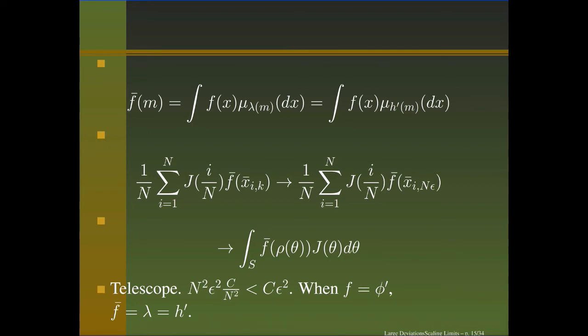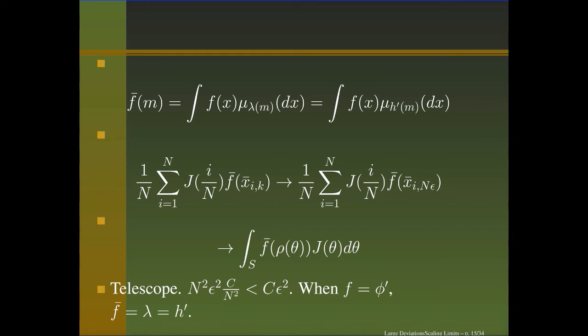So if you want to link a bond to a bond, or a site to a site, which is a distance n epsilon away, you can do it by a telescopic sum of n epsilon such bonds, and then by Schwarz's inequality, this will require a Dirichlet form which is n squared epsilon squared times the Dirichlet form for a bond. And since bonds have typically 1 over n squared, when you work it out, you still have a Dirichlet form which is of order epsilon squared. And so if epsilon is small, we can make this transition.